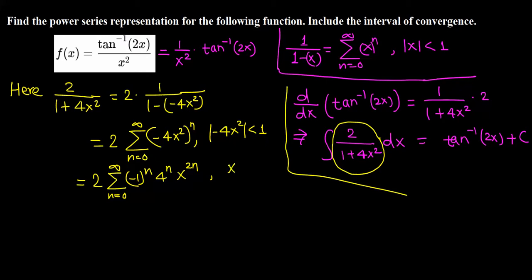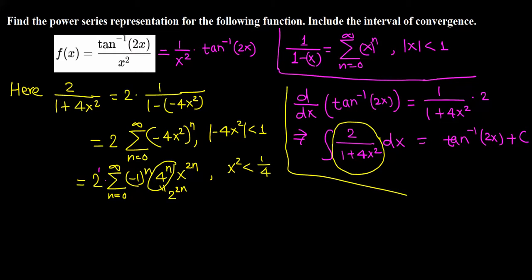So this is the same as x squared less than 1 over 4, and we don't need the absolute value because x squared is always positive. Now we can take this 2 inside and combine with 4 to the n, because 4 is 2 squared, so 4 to the n can be written as 2 raised to 2n. And when we take this 2 inside, we just add the exponents: 2 raised to 1 times 2 raised to 2n gives 2 raised to 2n plus 1.